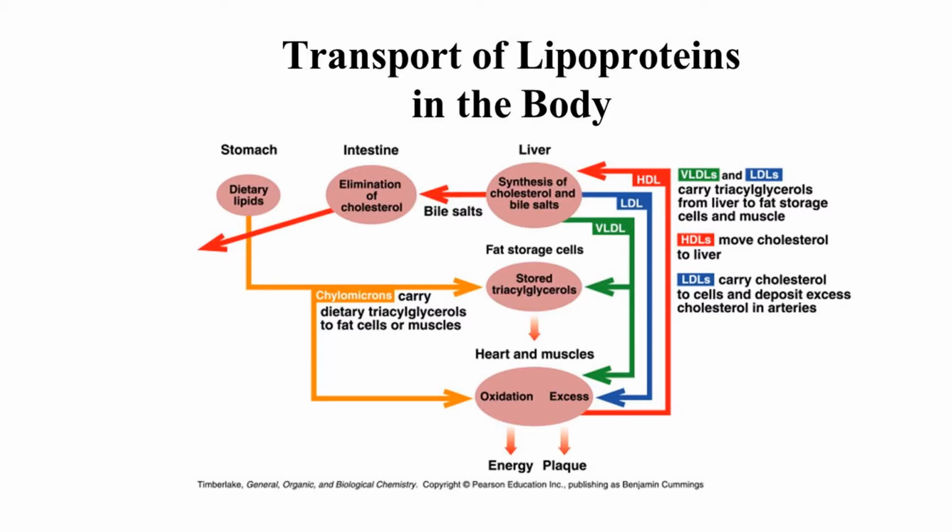Especially in the fat cells, or in adipose tissue, we would see the fat molecules being stored. We might also see that the triglycerides or cholesterol might go to heart or muscles for oxidation to provide energy. But what we might also see, if there is a huge excess, this is where we sort of run some risk in plaque development in the arteries.